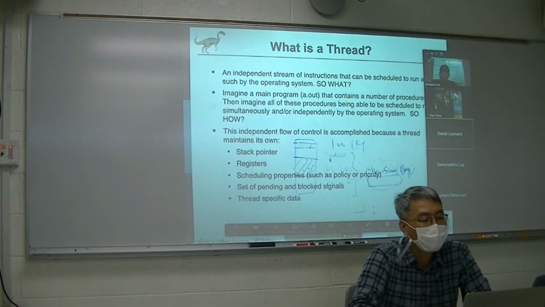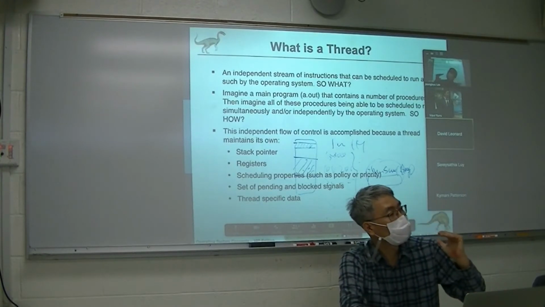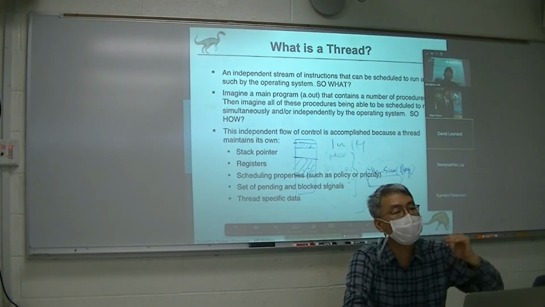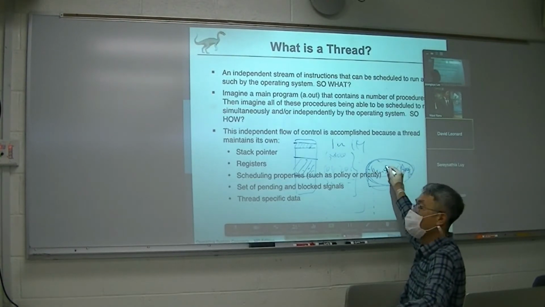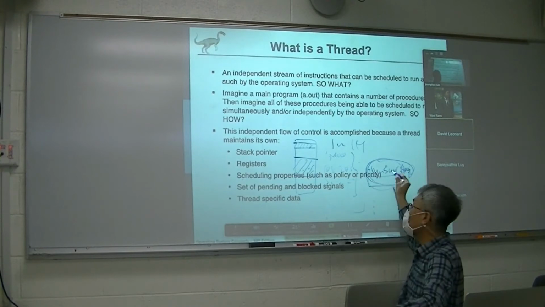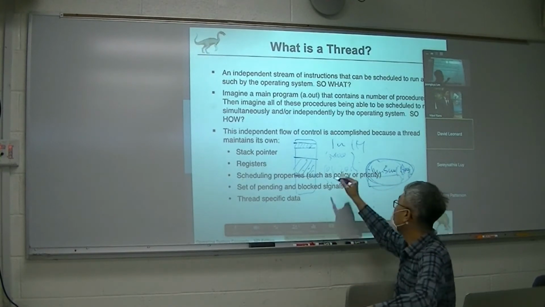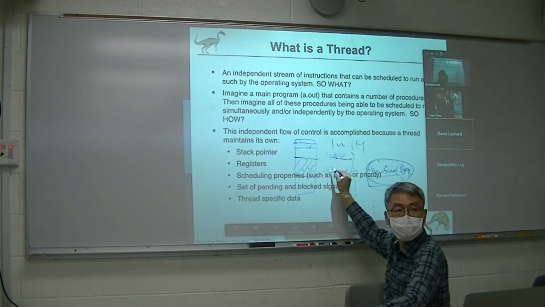For example, the stack pointer. Do you think the stack can be shared or not? No. Why? The stack holds local variables. Even though we are using the same summation thread function, their values will be different. This thread is 1 to 1,000, and this thread is 1,001 to 2,000.